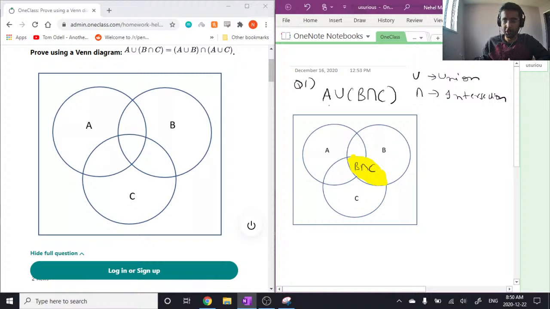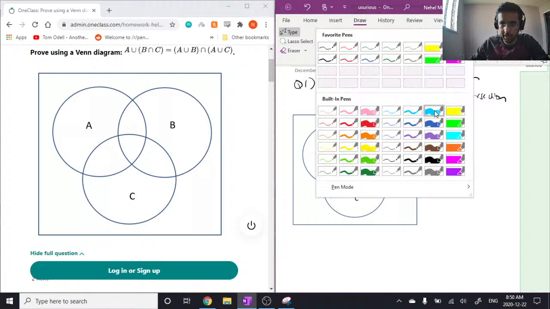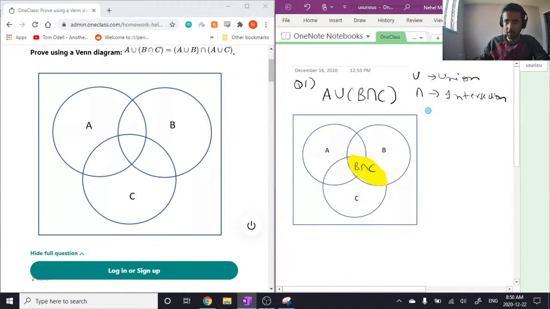That's the easy thing about union: you can look at the union of two sets as just including both of them. So here, our first set is B intersection C, so we'll include that. And our second set is A, so we'll include all of it. So now if I were to quickly highlight that for you as well, I'll do it in a different color just so it's easy to tell.